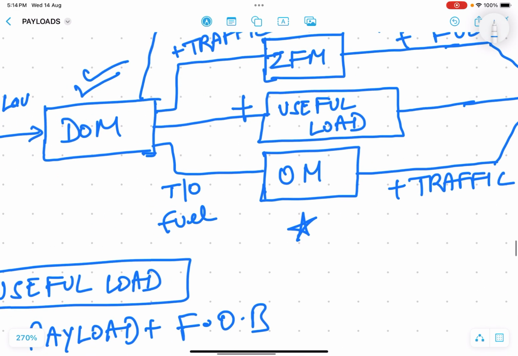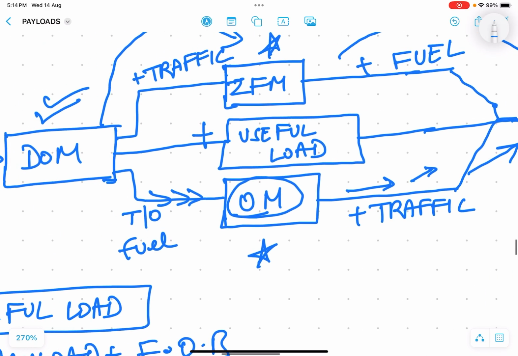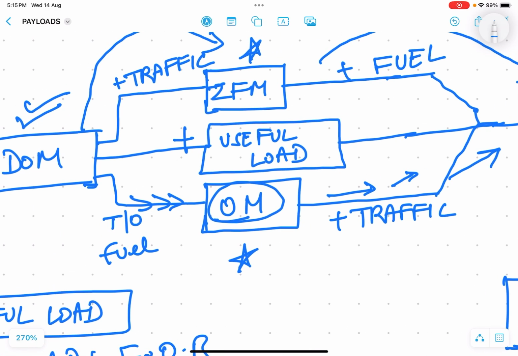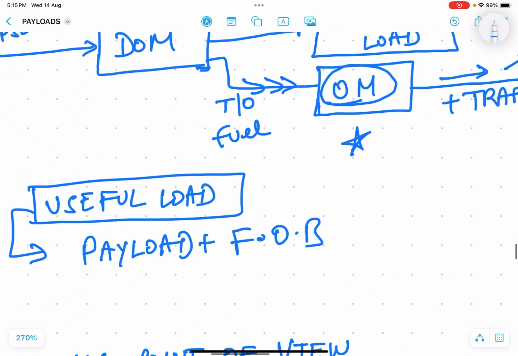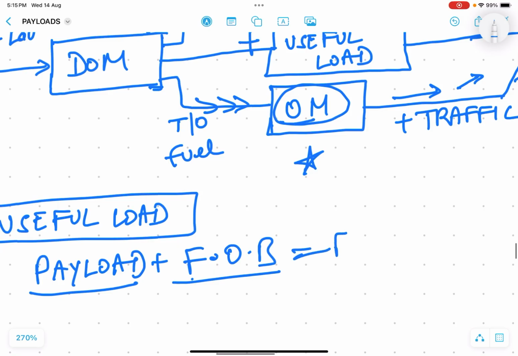The second option is we do the refueling first, to get operating mass, and then boarding is done to get takeoff mass. And the third condition is we do boarding and refueling simultaneously, which is payload and fuel on board simultaneously, and this together is called useful load.